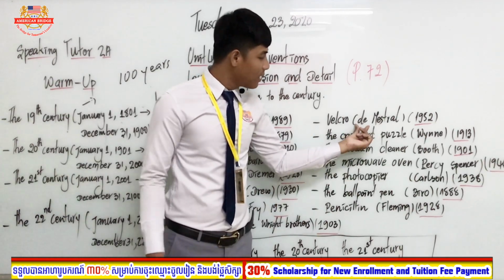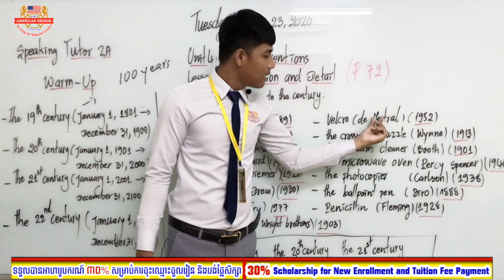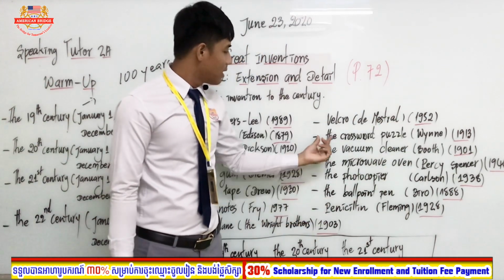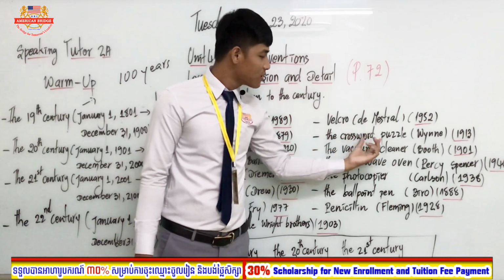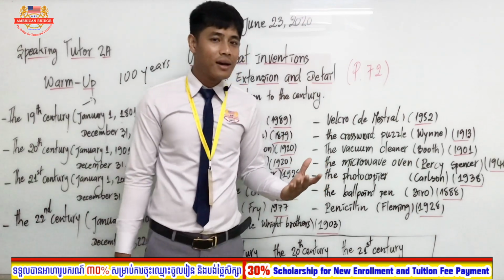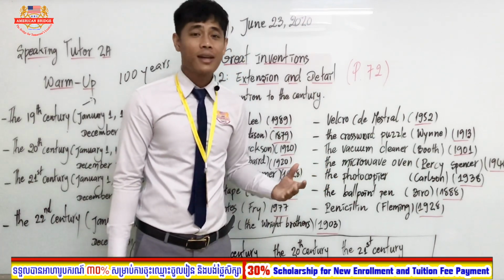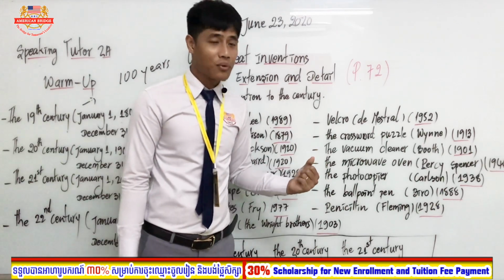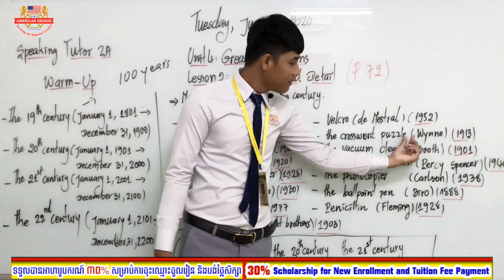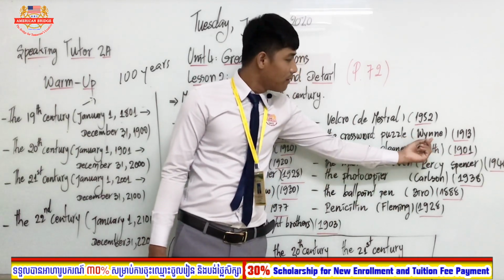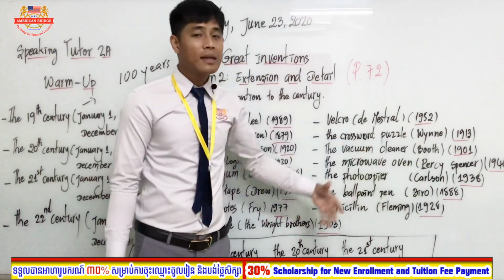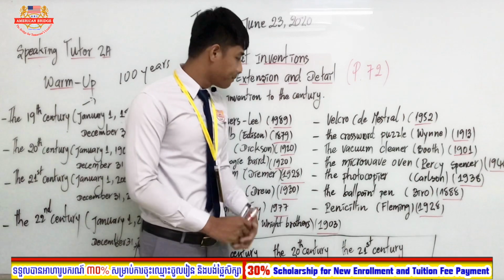So it was invented by Mestral in 1952. The crossword puzzle. As you know already, the crossword puzzle. We usually do it in our Blueprint 3 book, the red book. Okay, so it was invented by Mr. Wendt in 1913.